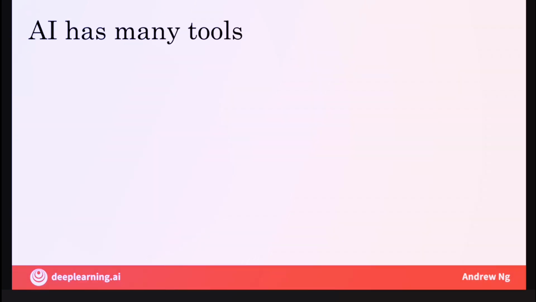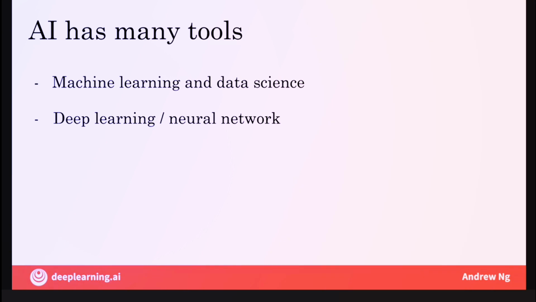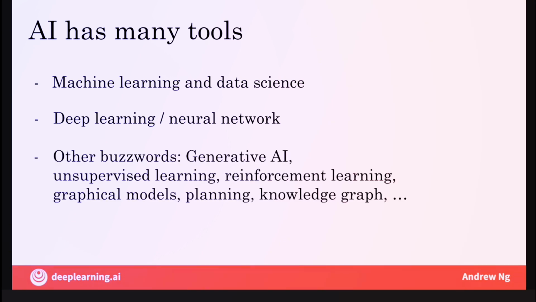So AI has many different tools. In this video, you learned about what machine learning and data science are, and also what deep learning and a neural network are. You might also hear in the media other buzzwords like generative AI, unsupervised learning, reinforcement learning, graphical models, planning, knowledge graphs, and so on.